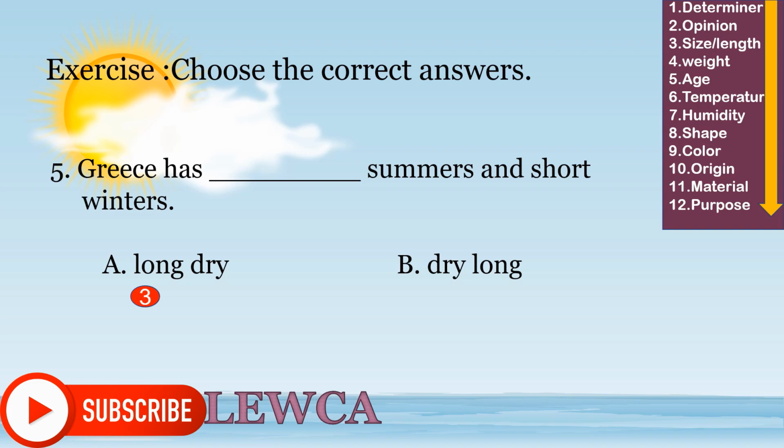And dry is humidity, so it's in position 7. As you know, we need to put the adjectives based on this order. So the small number comes first, so 3 and then followed by 7. So the answer is A.